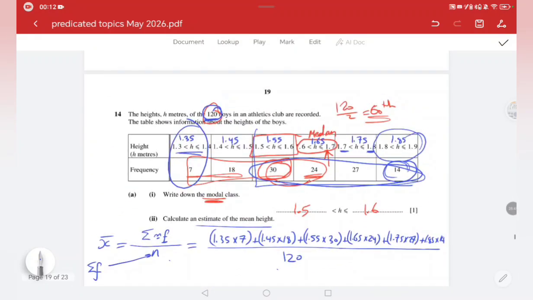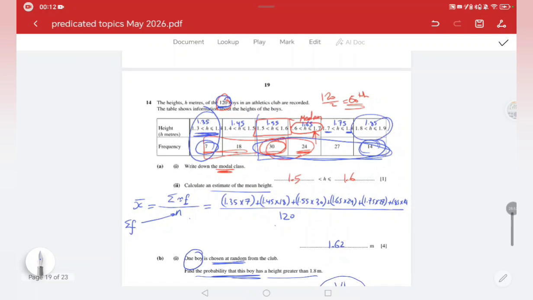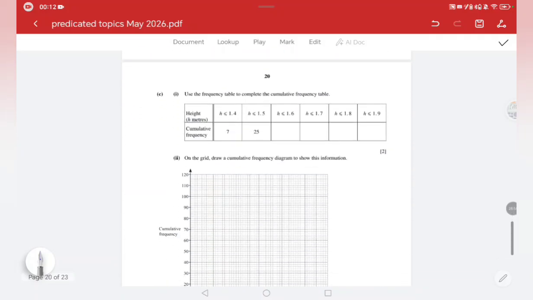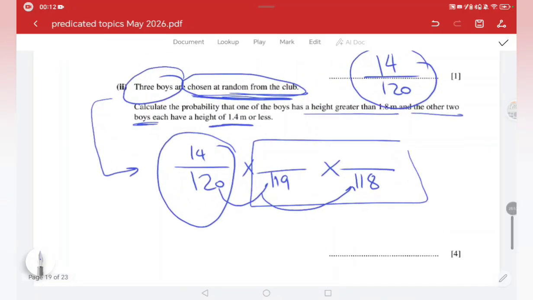Where is 1.4 or less? It's here, only 7. So I will write here 7, and since they are from the same category, we decrease it by 1 because already we took 1 before. So this is 7, then became 6.